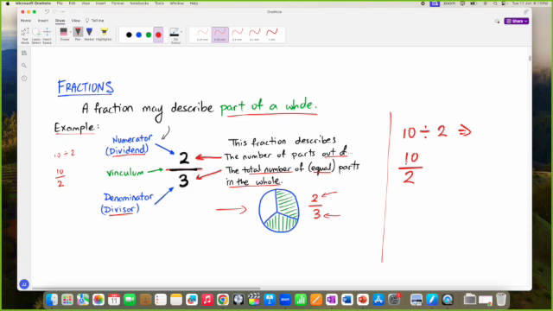And again, you can see that this is the number that is doing the dividing. So this is the divisor, like the Terminator. And this is the terminatee, or the terminatend, or the dividend, the number that is being divided.